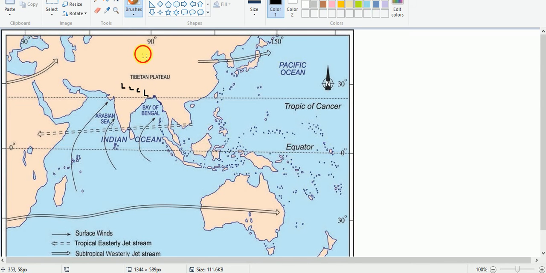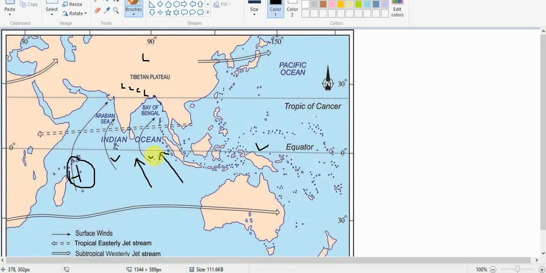Then another low pressure is developed over the Tibetan Plateau, and high pressure is developed near Madagascar. Because of this, see here, this is the equator. South of the equator, one planetary wind is blowing, and this wind is known as the southeast trade wind.